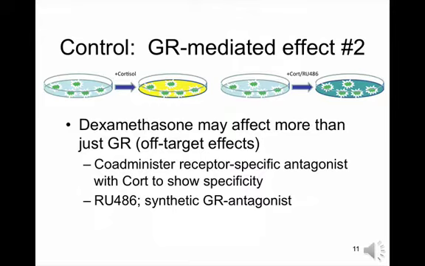Instead of targeting the GR for activation, we can target it for inactivation or decrease its activity. One way we could do this is to co-treat or co-administer a receptor-specific antagonist with CORT to show the specificity of the effect is based on the GR receptor activation.